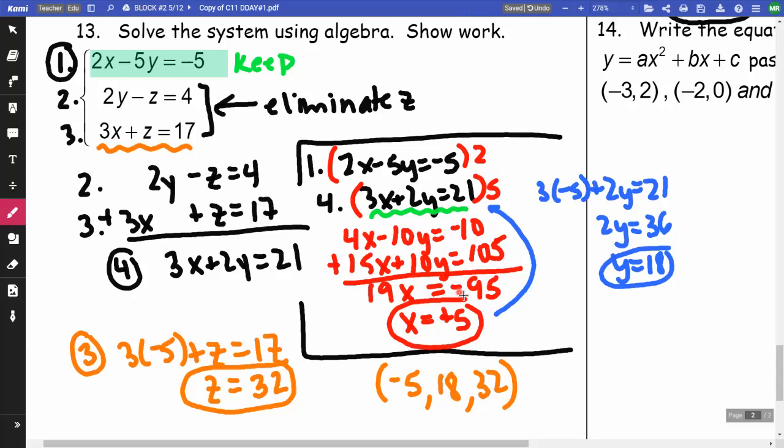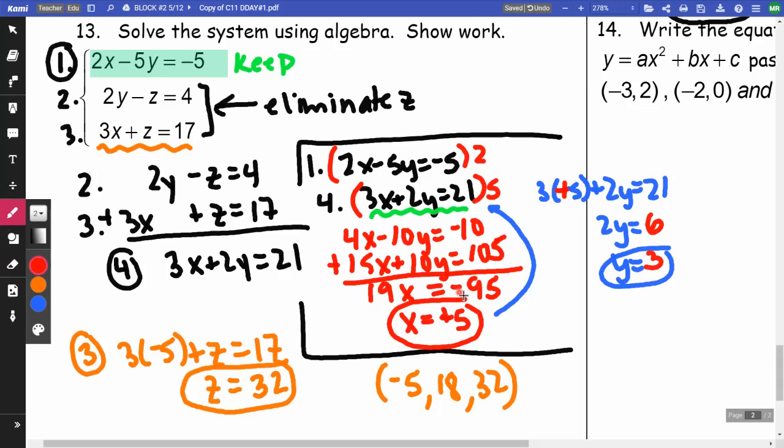That's a positive 5, so that makes this a 15. When I subtract 15 from both sides, I end up with a 6. So my y is going to be 3.